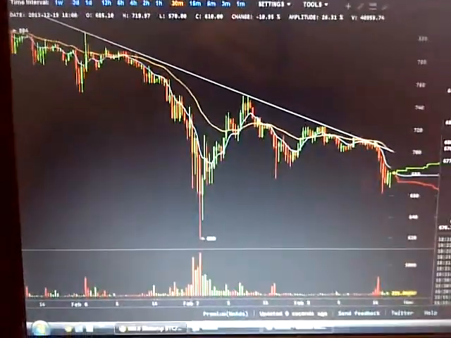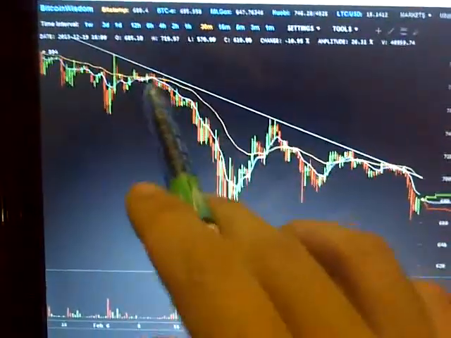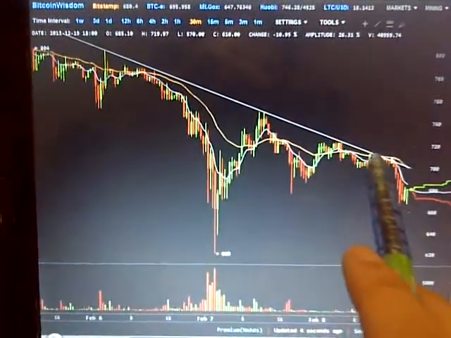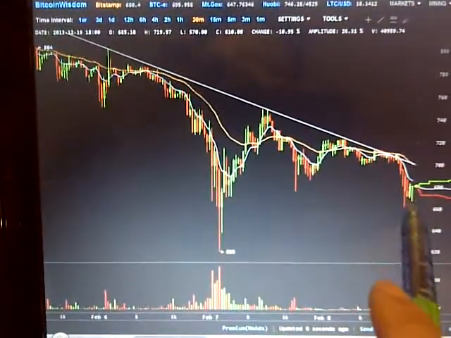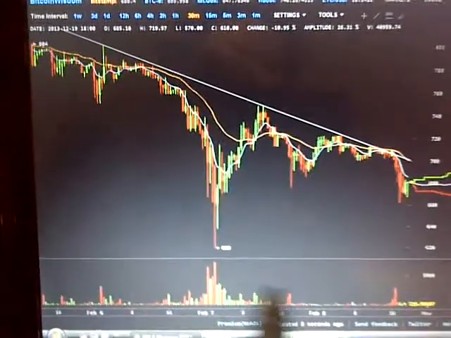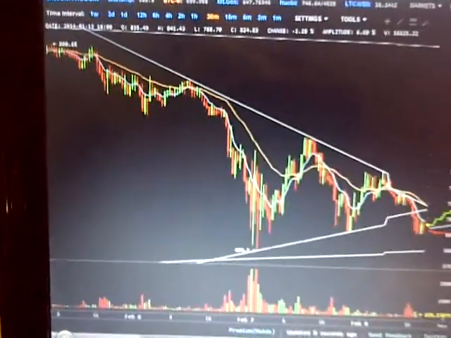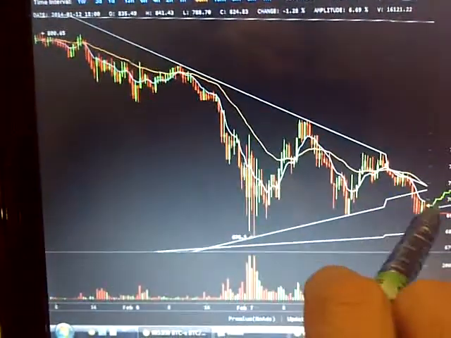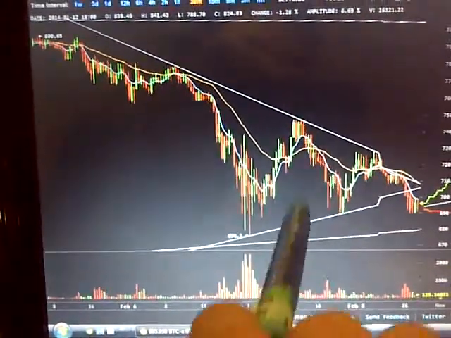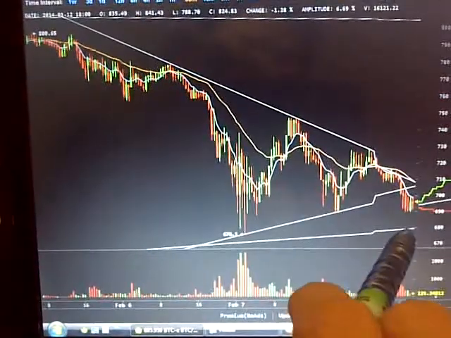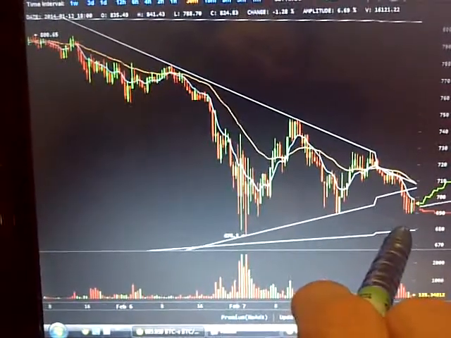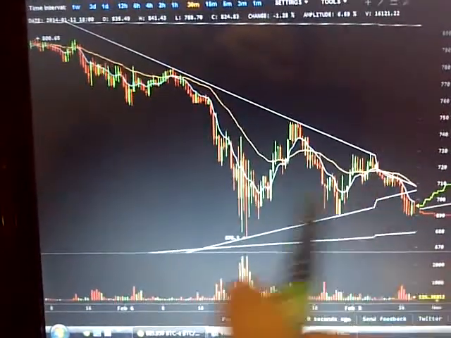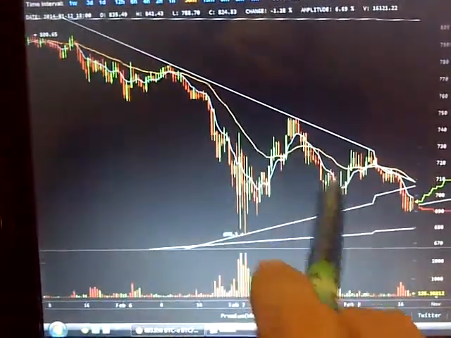This is Bitstamp, and this is a half hour on Bitstamp, and you see the line right here, the downtrending line. It's reacting in that way as well. And then we'll take a look at Bitsy, and there you go, same type of reaction on that. Of course, with Bitsy, it's actually gonna maybe have a chance to reach its support line again and then bounce up from there like it did right around here.